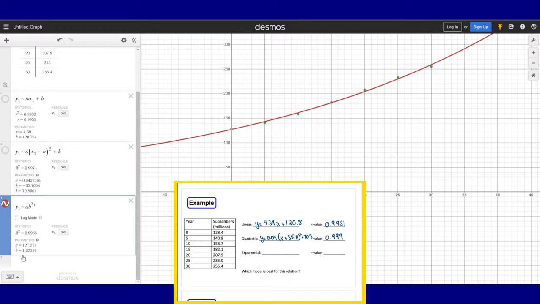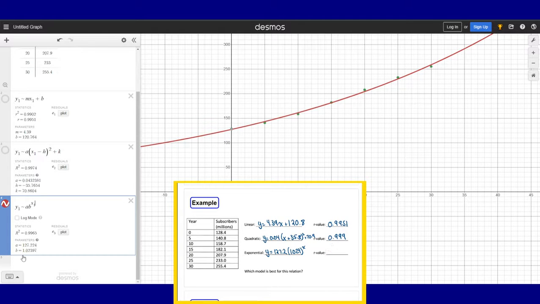Looking at it, we get the equation y equals 127.2 times 1.024 to the power of x. The R squared value is 0.9965, and the square root of that is 0.998.